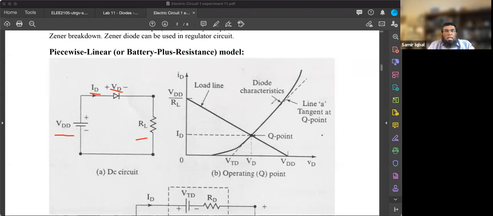Now what we are doing here is we are taking this forward bias plot of current versus voltage, and we are superimposing on top of it another behavior of the diode, which just shows that there is a maximum current that would flow through that, and that current would be the voltage supplied divided by the load.